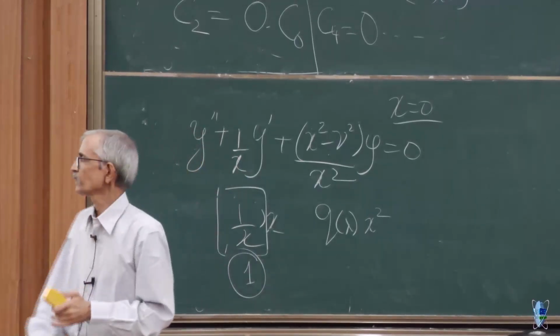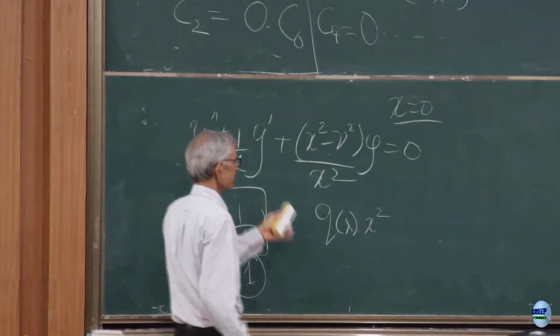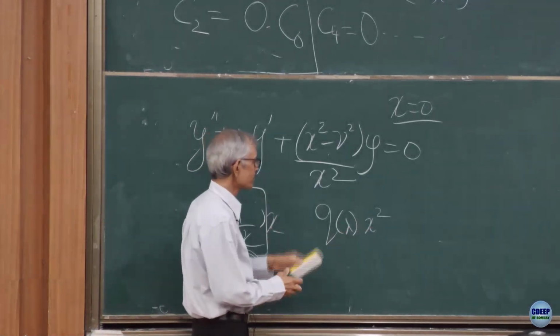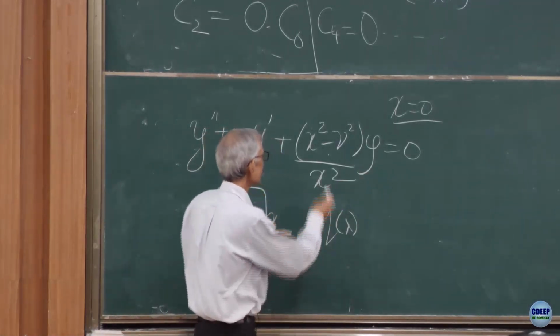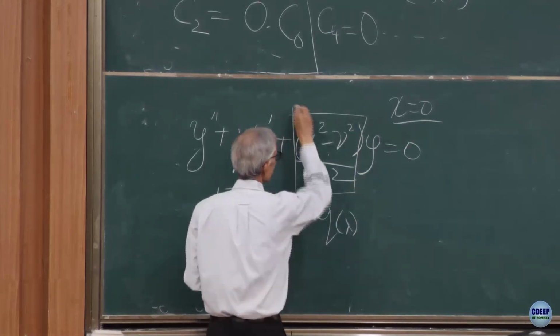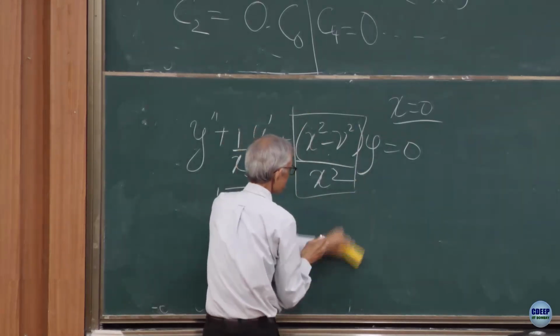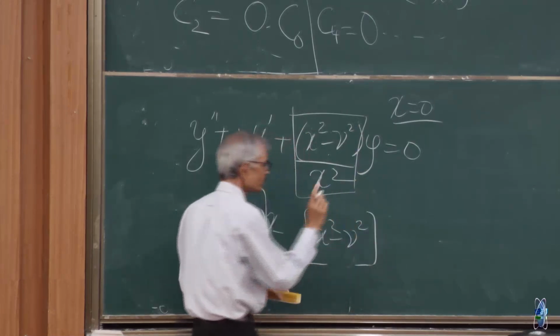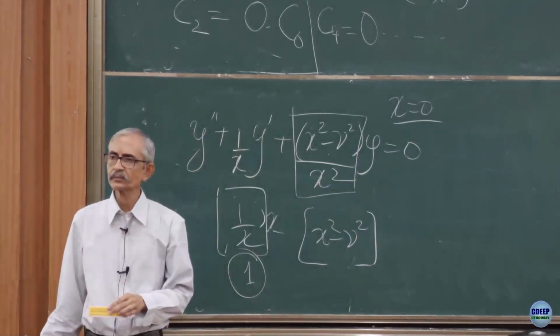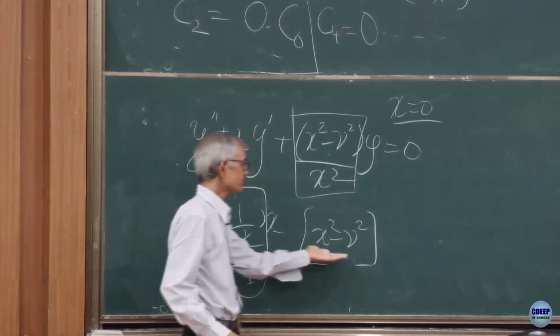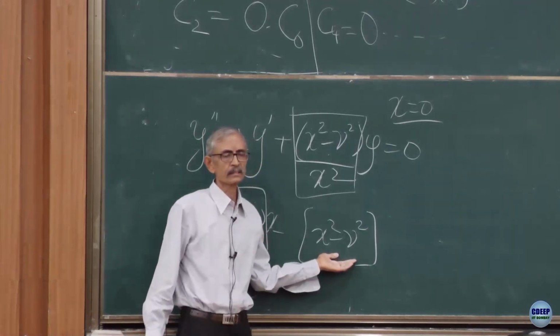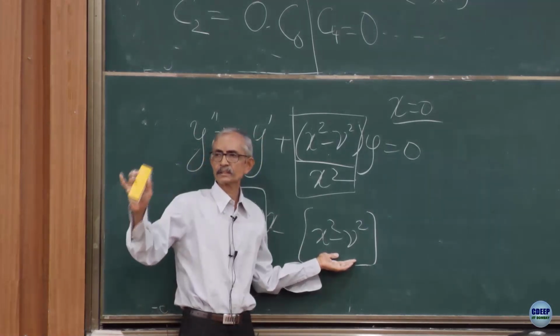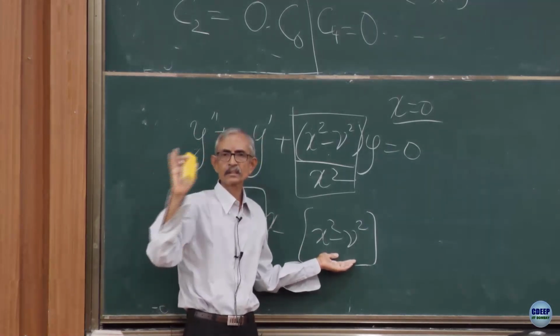What about this here? q of x times x square is again x square minus nu square. This nu is some number as of now. So this is analytic. Analytic means the derivatives should exist. So does this exist?